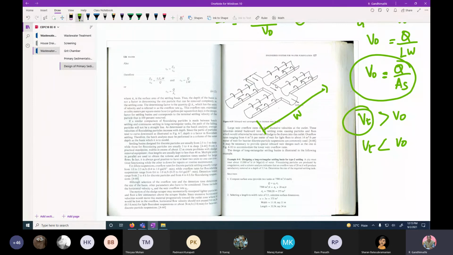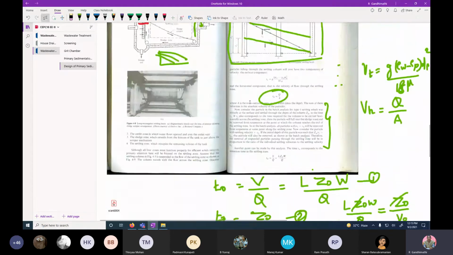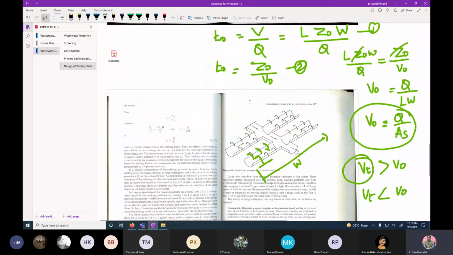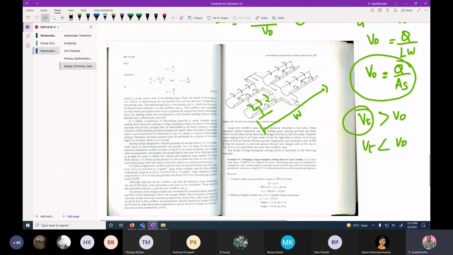Just imagine you provide small channels at the top of your sedimentation basin. Initially, it may overflow like this, only at the end. Instead of that, in the outlet zone, you provide one more weir arrangement.